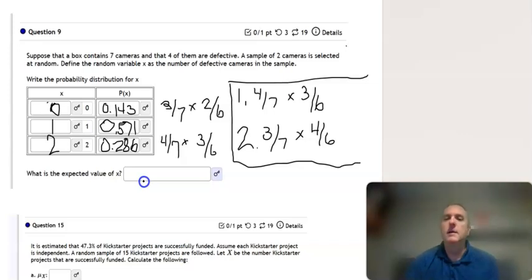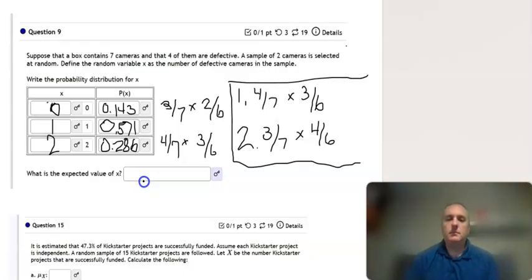We put them back, draw 2 more, keep repeating this experiment over and over again, counting up how many defective ones we have, and averaging those numbers together. So in the long run, we would expect how many defective cameras out of our sample of 2 would we get.